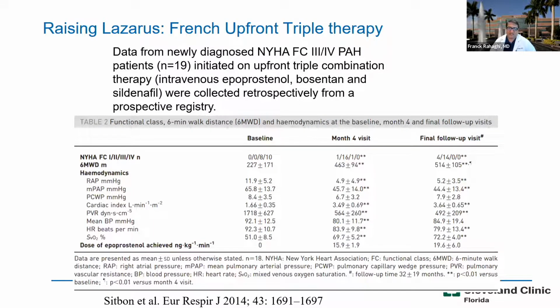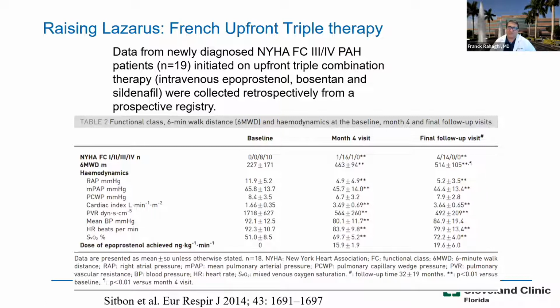This study, which is obviously not randomized, but a sort of a registry analysis of patients in France. And I call it Raising Lazarus because this is one of the most impressive results anywhere in the field of pulmonary hypertension. People's 6-minute walk test went from 227 to 514.